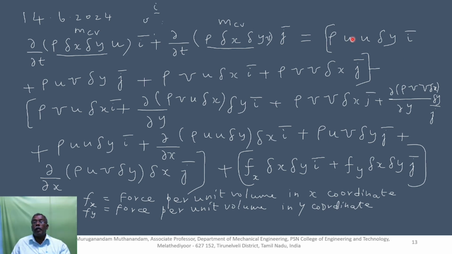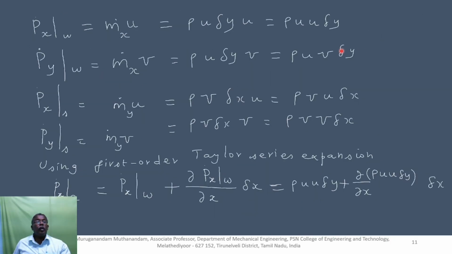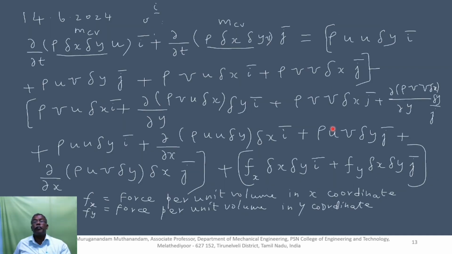Rate of inflow of momentum we have already seen for the south side and west side. Along the west side, rho u delta y along the x direction, and in the y direction, rho u v delta y. Using these quantities, written here are rho u delta y, rho u v delta y, rho v u delta x, rho v v delta x.